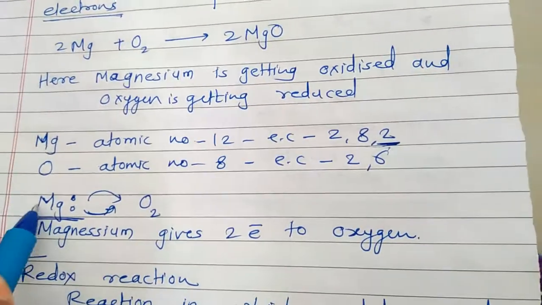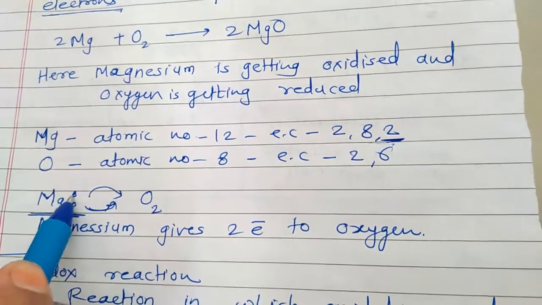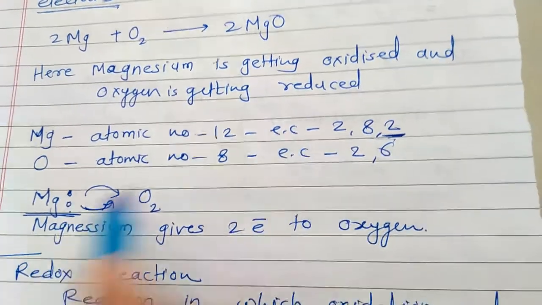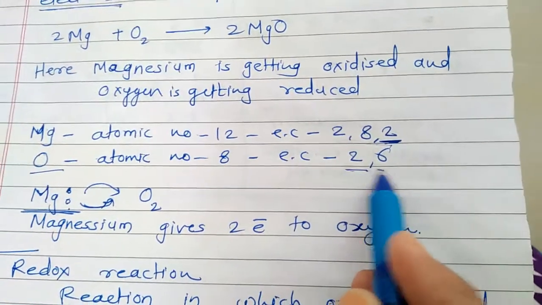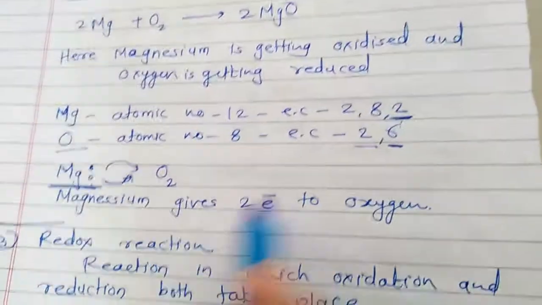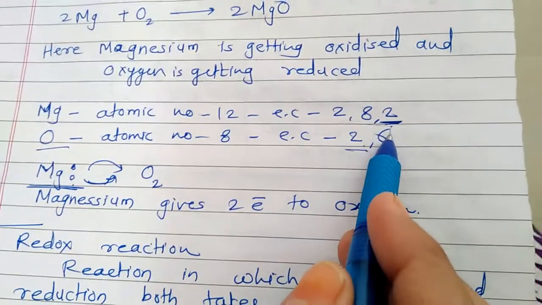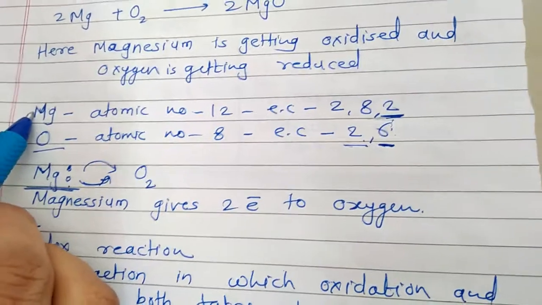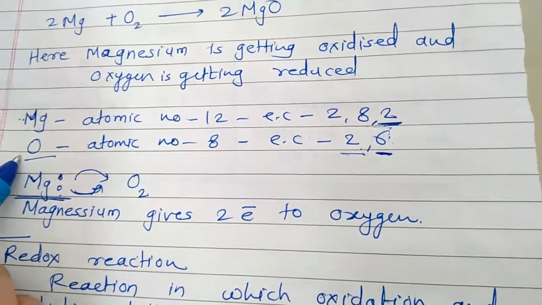So here we have magnesium with 2 electrons in the outermost shell, and here we have oxygen with 6 electrons in the outermost shell. Then oxygen needs 2 electrons. So magnesium donates its 2 electrons to the oxygen.